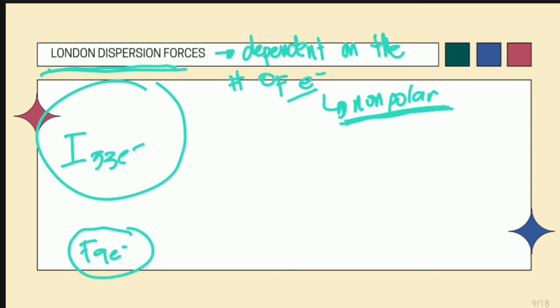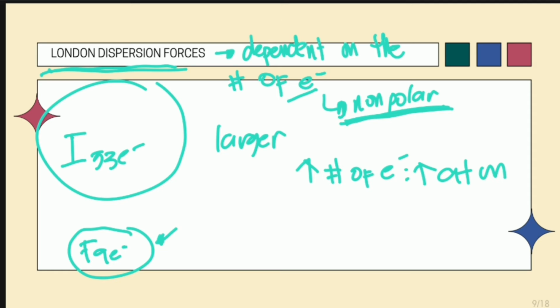Now, as you can see in our diagram, since iodine has more electrons than fluorine, therefore the iodine atom is larger than the fluorine atom. Remember that the more number of electrons, the larger the atom. So, the more number of electrons in an atom, the larger the atom.